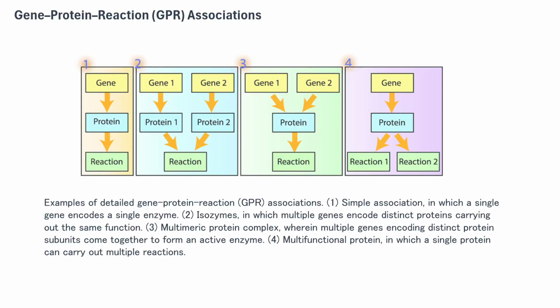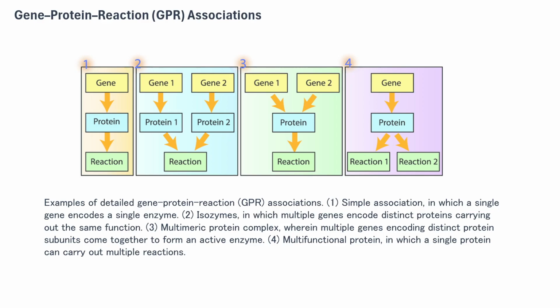The next concept we come to is the gene protein reactions. We studied this last week. There are various kinds of associations that are possible. Direct, simple associations like gene to protein to reaction, or multiple genes forming multiple proteins which together regulate the reaction, or multiple genes forming subunits of the same protein which fuse together and catalyze a reaction downstream.